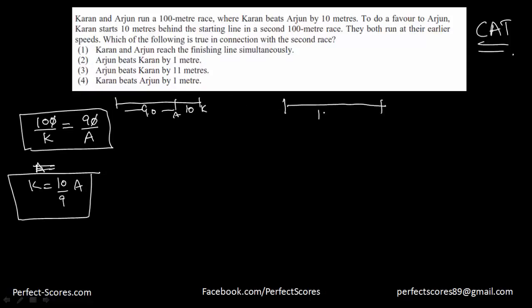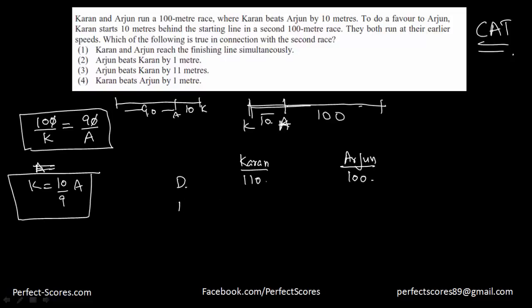So this is 100 meters. This is where Arjun is starting. Karan is actually starting 10 meters behind. So the distance for Karan is 110 meters, and for Arjun the distance is 100 meters.